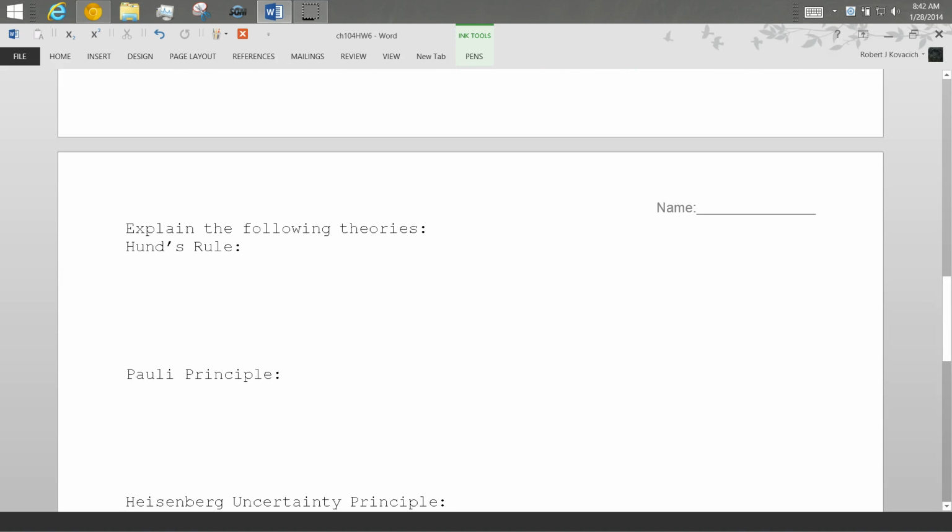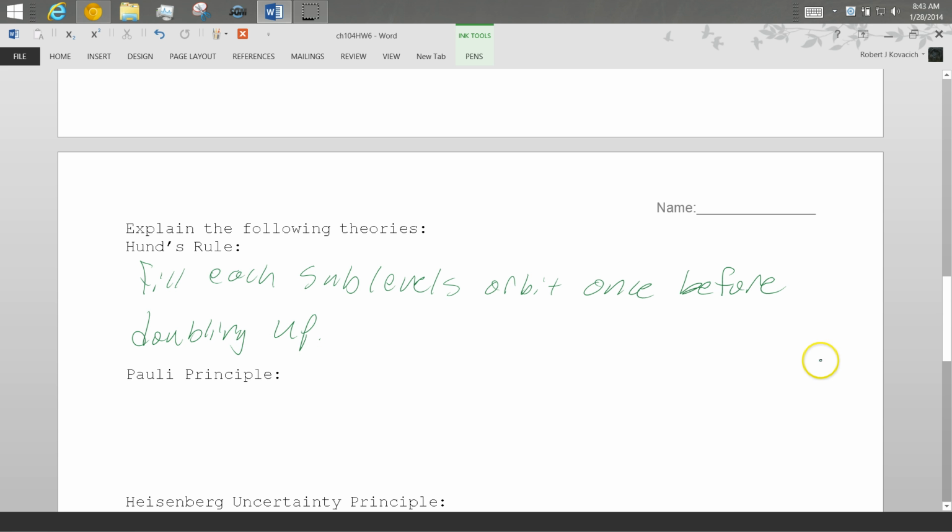Hund's rule? Which one was Hund's rule? So Hund's rule is about the electrons in that p sublevel being in individual orbitals.